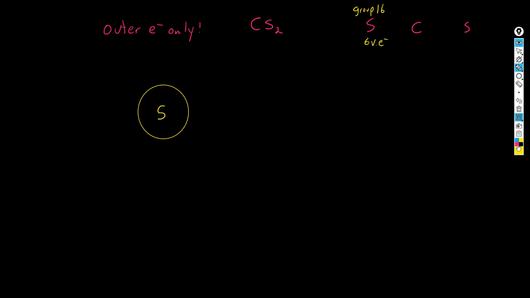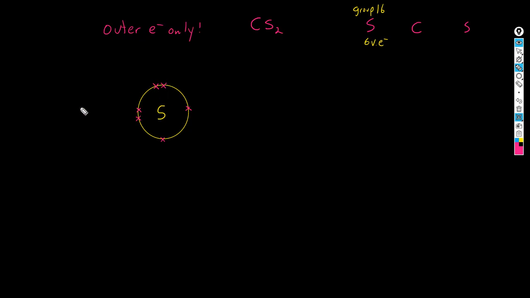We'll choose crosses here. So we have 1, 2, 3, 4. Now I have 2 more electrons. This is very important. I have 6 valence electrons. Remember that the lone electrons, the ones that are not paired up, are going to be the ones participating in bonding. So we're going to put those towards the central carbon. So my 2 extra electrons, I'm going to pair them up here and here.